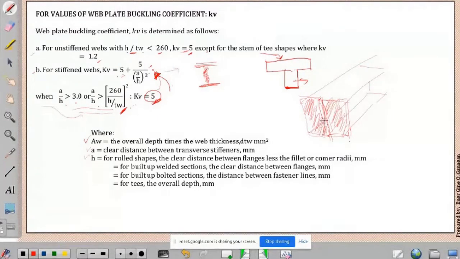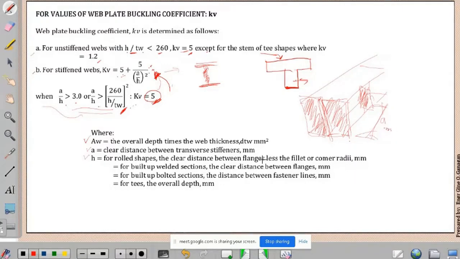So halimbawa maglalagay ka ulit dito sa middle, sa midspan ng another stiffener. Pwede din yan. Tapos meron din sa kabila. Okay? So maglalagay ka rin ng another stiffener. Ito na yung magiging clear distance between transverse stiffener. Ito na yung magiging value mo ng a. Okay? So yung a natin, ito yung distance nung dalawang transverse stiffeners. Okay? So yung a makukuha natin dito, yung spacing ng dalawa.